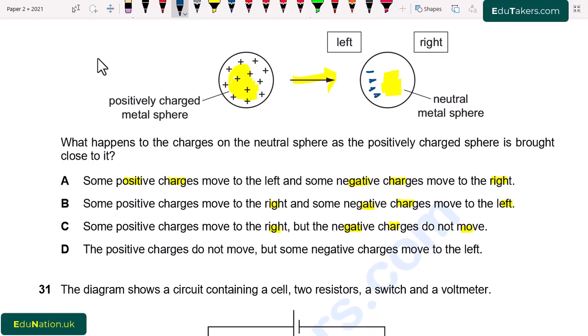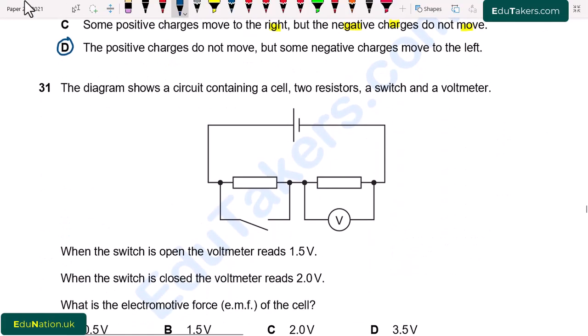Because the electrons here are not tightly bound, but are freely moving because it's a metal sphere, the part of the metal left behind is positively charged metal ions, and these are fixed, they cannot move. So from here, option D is correct, that the electrons move to the left while the positive charges do not move.